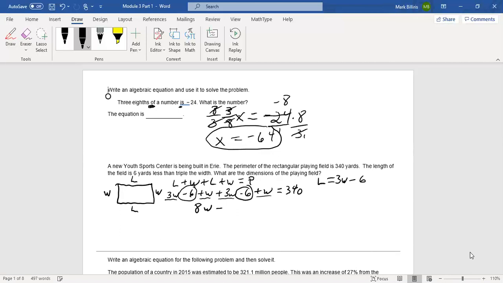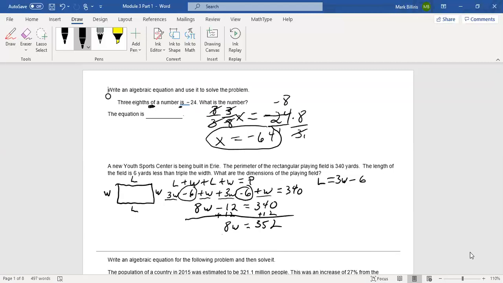When we combine that, it gives us a -12, and that would equal 340. So our next step is to isolate our variable. So we're going to add 12 to both sides. So 8W would equal 352.